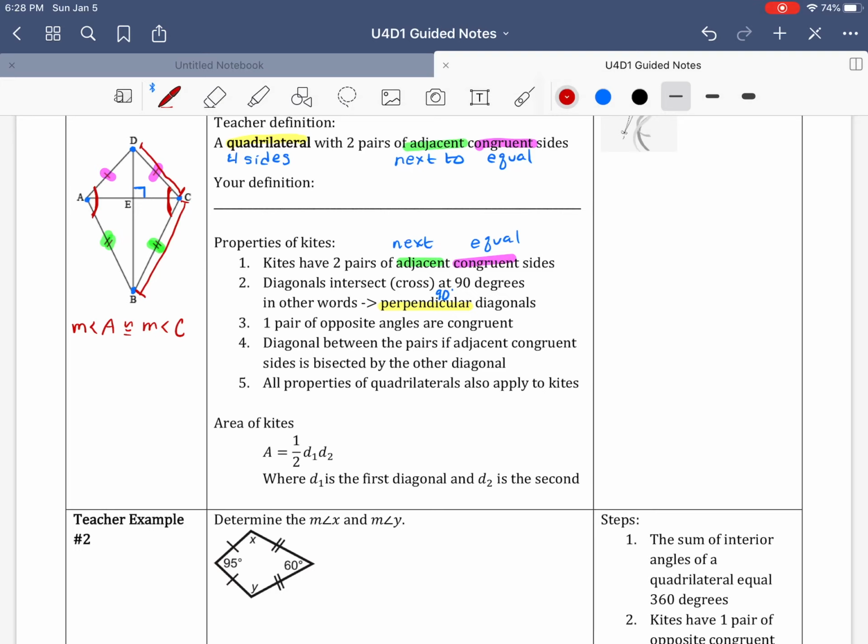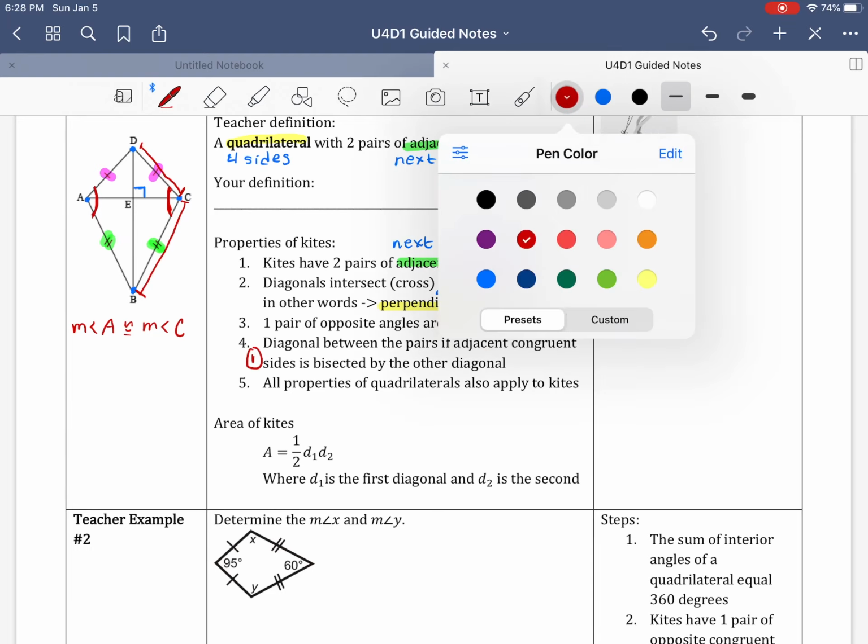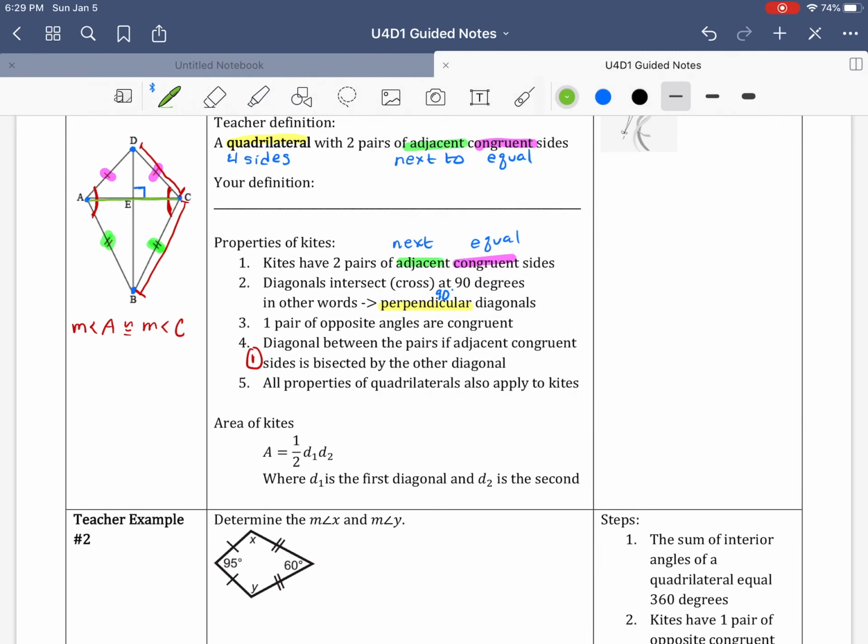So the diagonal that they're talking about first, the adjacent congruent sides, right here, is going to be, let me use a different color here, that diagonal right there. And that diagonal gets bisected by the other diagonal, which is going to be diagonal number 2, and we'll make that one that pinky color.